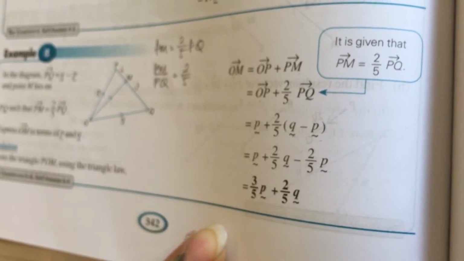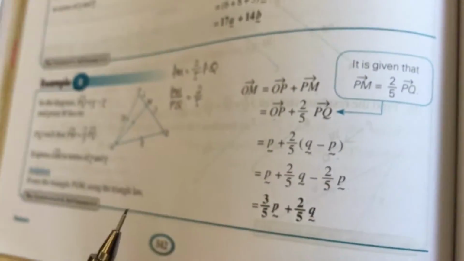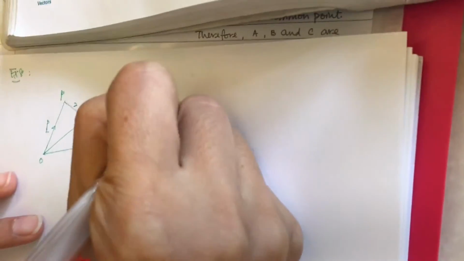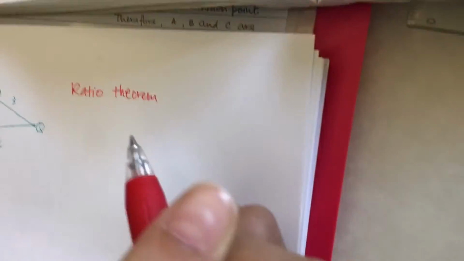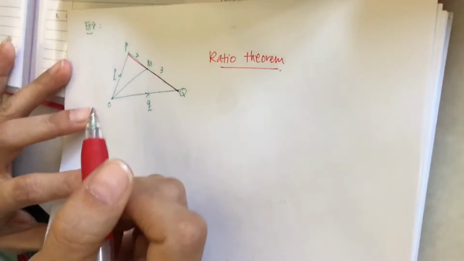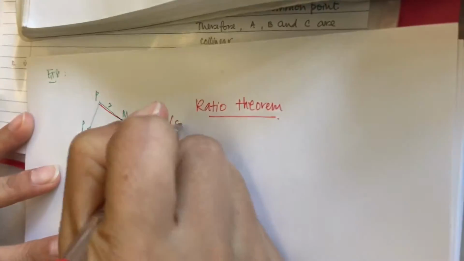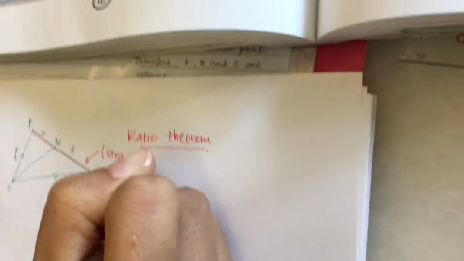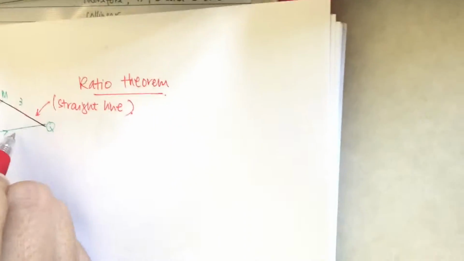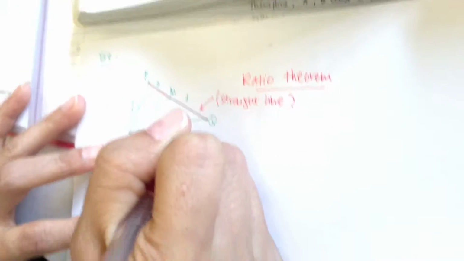Now, there's another method, so I have to write it down. The question is asking us to find OM, but we can do another method instead, the book's method. We do it the ratio theorem way, just like chapter 6. You must make sure that this is a straight line. And then the vectors must be in the same direction, as in all diverging.